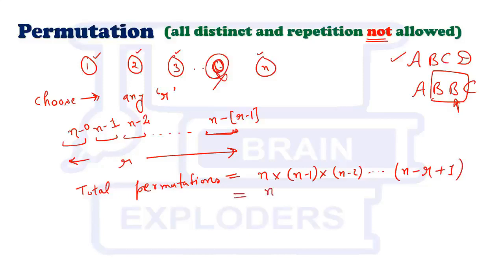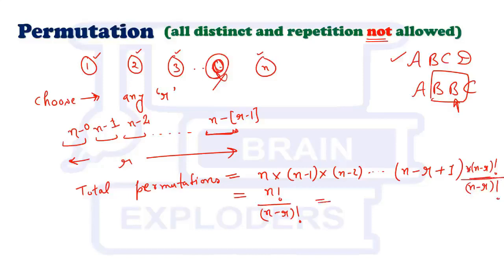It can be written as n factorial over n minus r factorial. How? If we multiply n minus r factorial in both numerator and denominator, then there will be no change. So we can do this and write it like this.